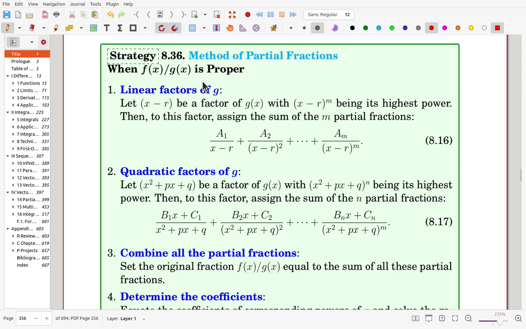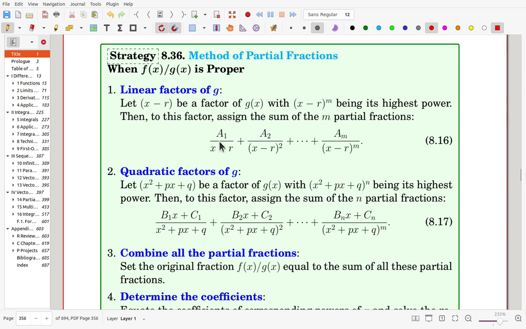Okay. Now, for linear factors of g, here, x minus r is a factor of g, with x minus r to the m as the highest power. Then, for this factor, you have to assign the sum of m partial fractions.